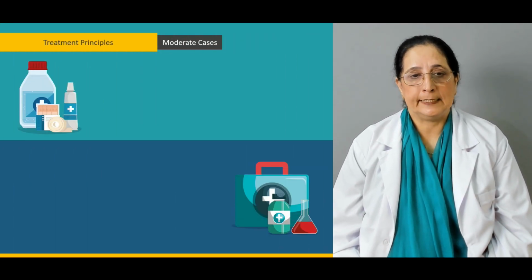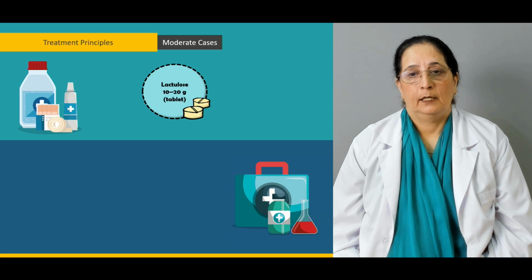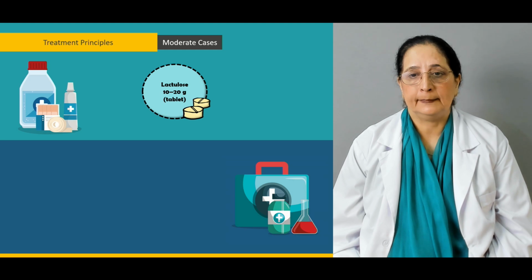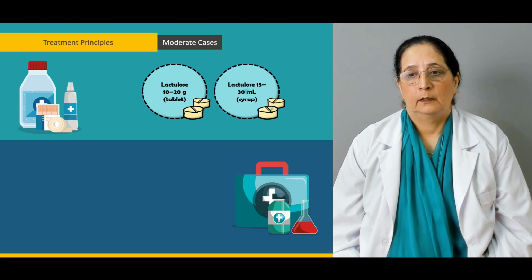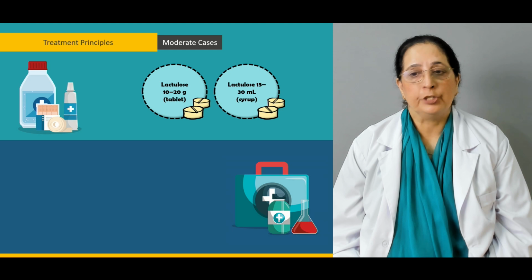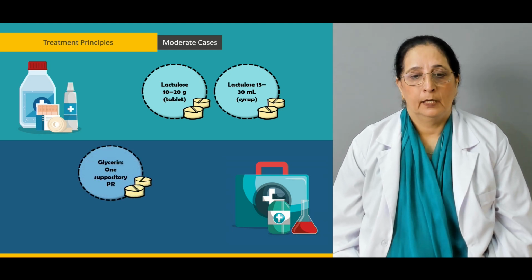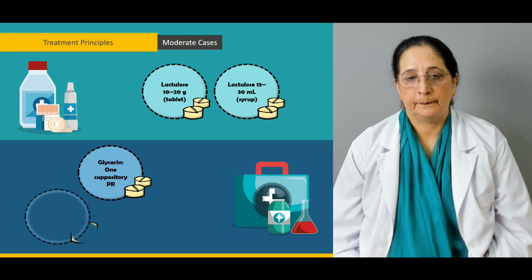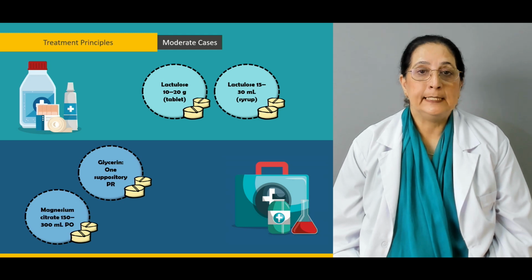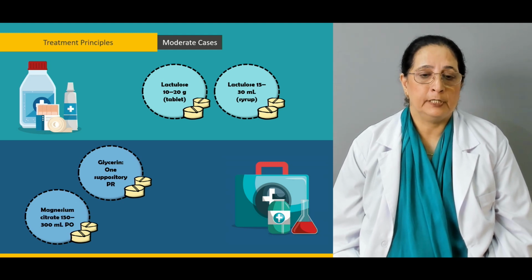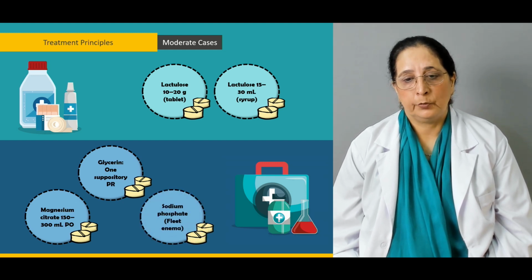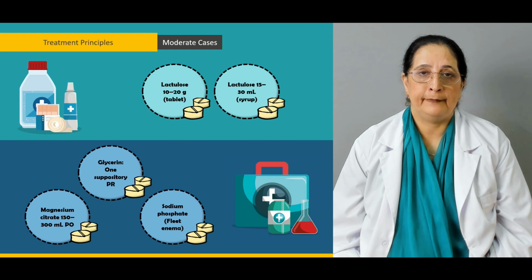For moderate cases: lactulose 10 to 20 gram tablet, lactulose 15 to 30 ml syrup, glycerin 1 suppository per rectum, magnesium citrate 150 to 300 ml per oral, and sodium phosphate, Fleet enema.